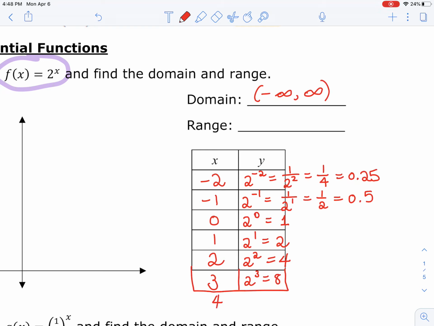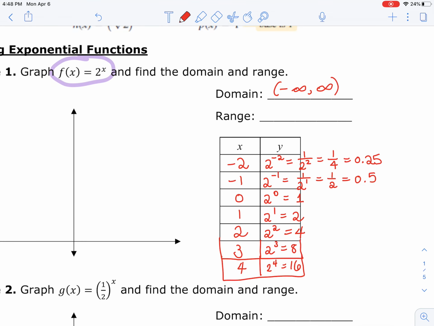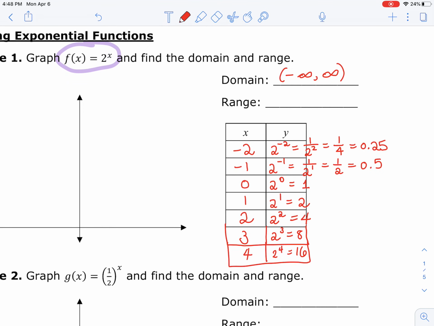Now, if you want to continue, you notice the y values are getting big very quickly. 2 to the third power is 8. And the next number will be 2 to the fourth power, which is going to be 16. So from that point on, it's just going to double really, really fast. Okay? Now, let me go ahead and plot these and sketch f of x equals 2 to the x power.